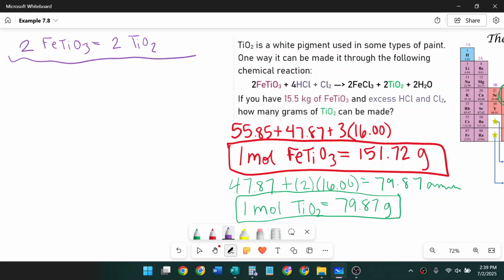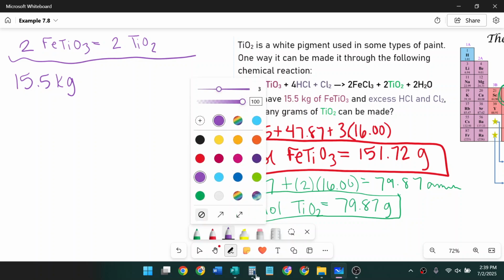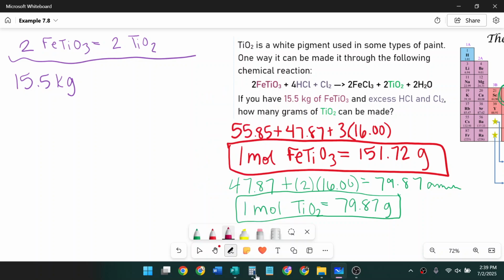All right, so I have 15.5 kilograms of FeTiO3, and I want to convert that to grams.